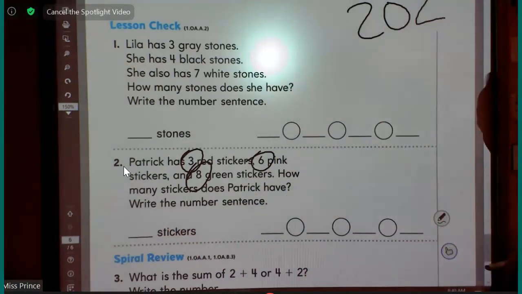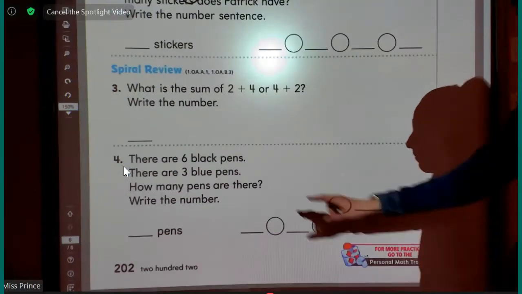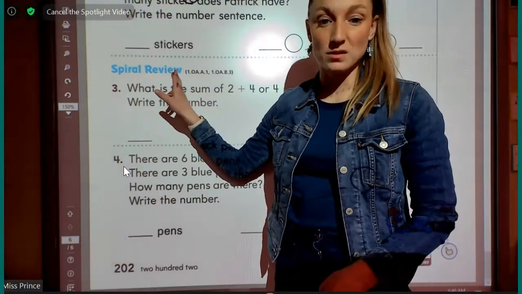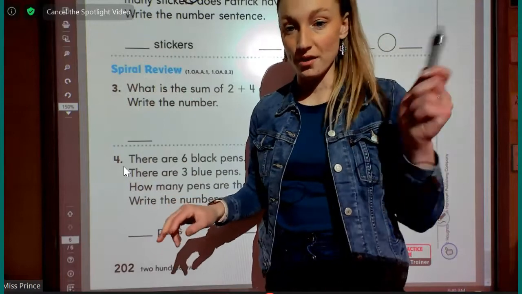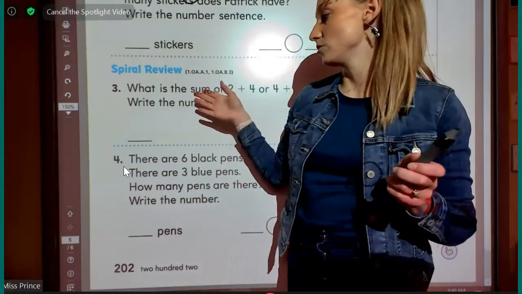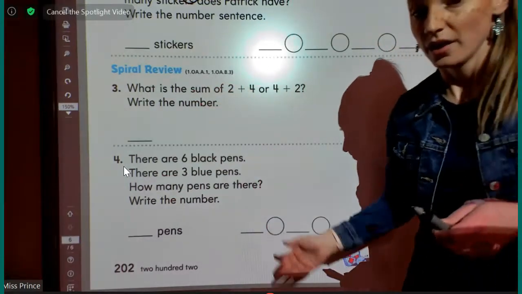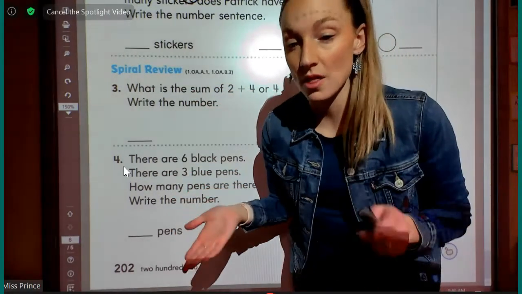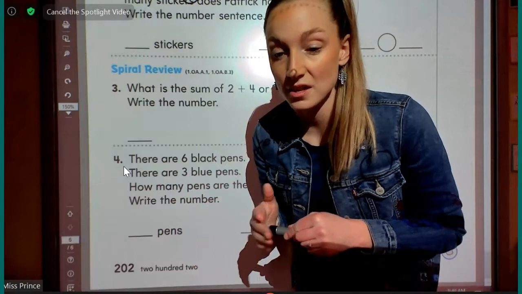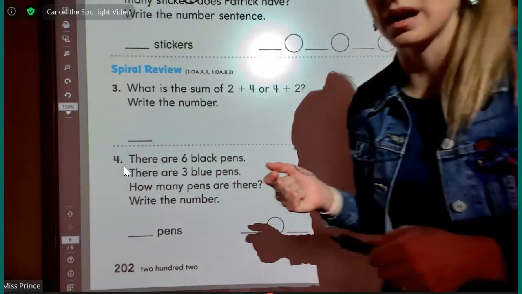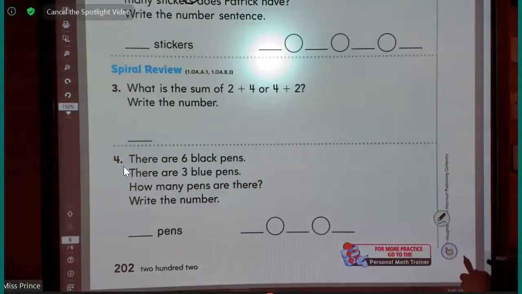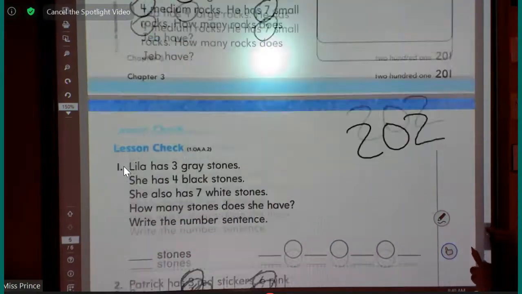And then down here, where it says spiral review, that means we've done these before on other homework pages, so you guys should know how to do these super fast. That means there are no problems on this homework for today that you will have to cross out. You guys are able to do all of these on your own.